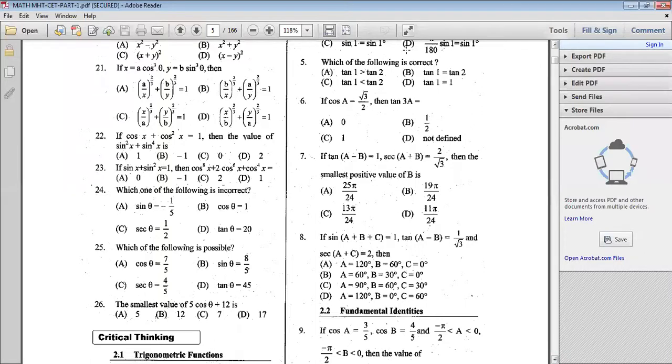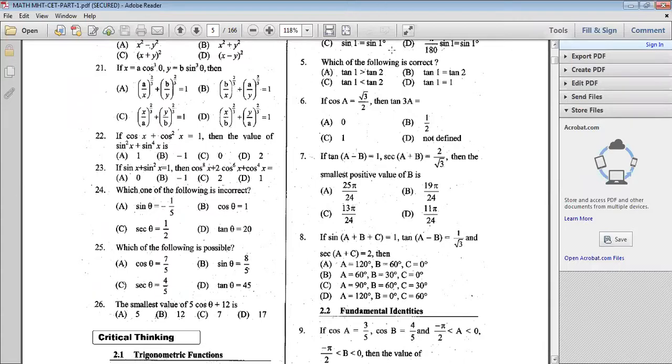Just observe that. Tan of A minus B is equal to 1. Secant of A plus B is equal to 2 by root 3. Then what is the smallest positive value of B?